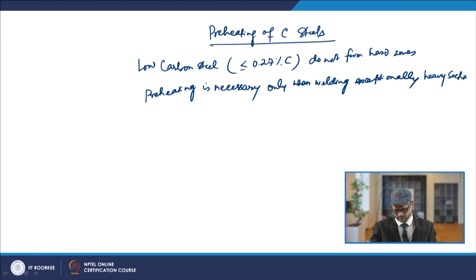When we talk about carbon steels where the carbon is more than 0.2% for heavy sections, in those cases we require preheating, and the preheating temperature will vary from 100 to 200 degrees centigrade.